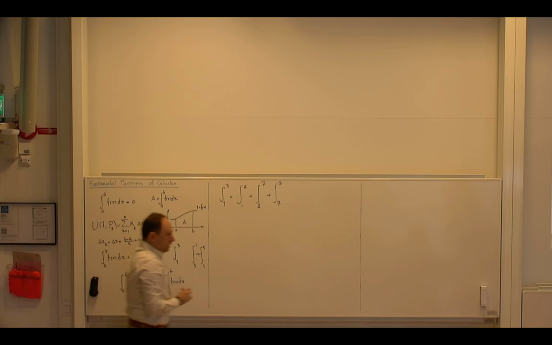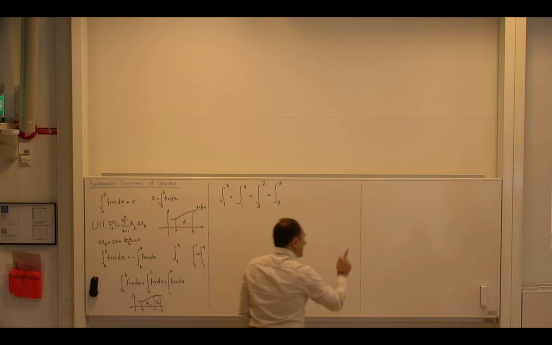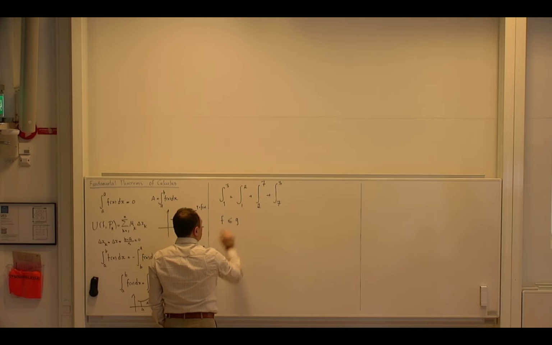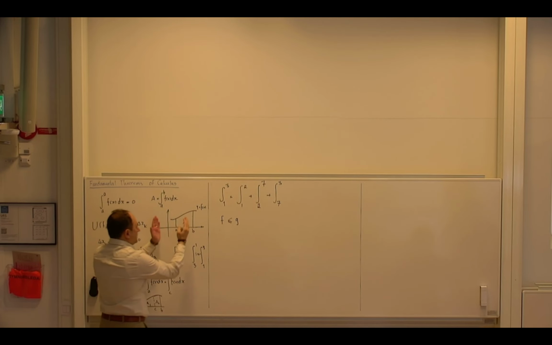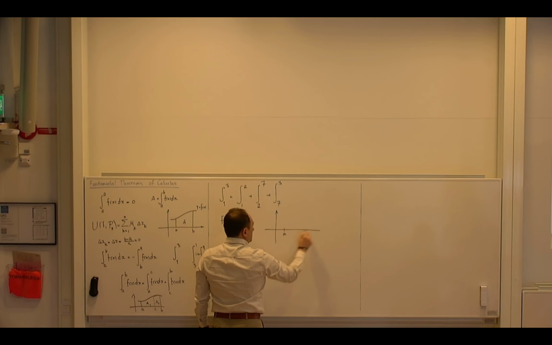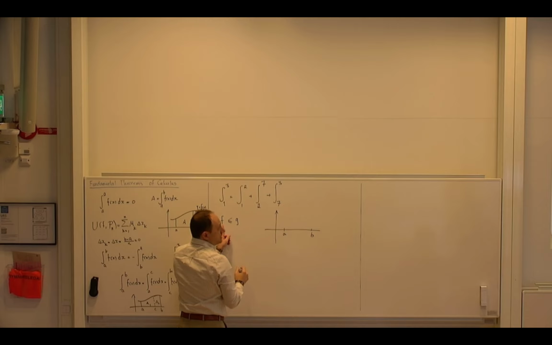Okay, the next one is also important. This is something you need to know. So if a function f is less than or equal to a function g on the same interval, what does it mean? It means that when you are restricting yourself between a and b, the graph of f is below the graph of g.